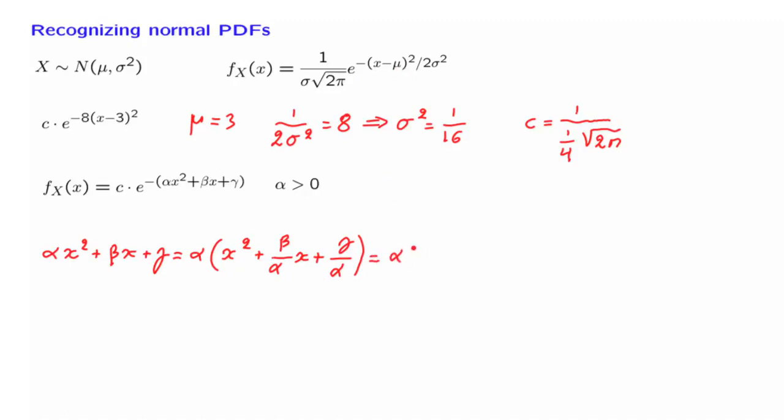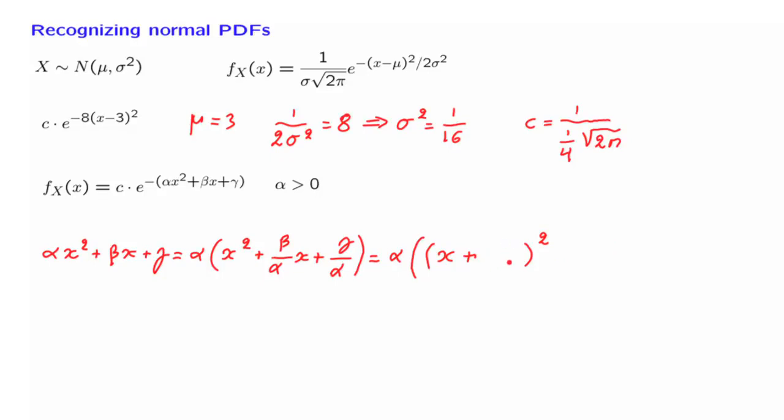So what is involved is a certain method, a certain trick called completing the square. That is, we write this term here in the form x plus something squared, and then we may need some additional terms. What should that something be?